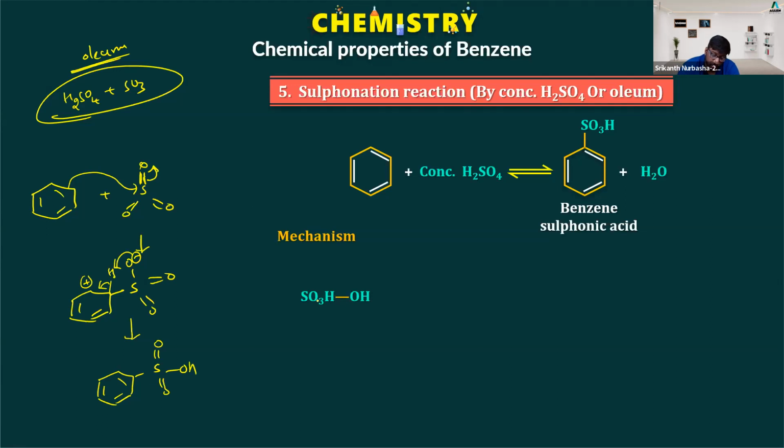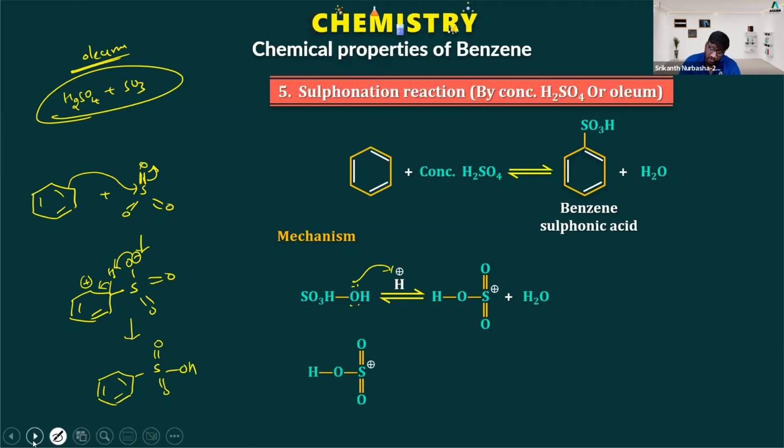So H2SO4 will be reacting in the presence of H plus, that is another molecule of H2SO4, to form OH, S double bond O plus H2O. That means the lone pair of electrons on oxygen attacks H plus. So we have SO3H and OH2 plus. As soon as this bond is cleaved, you get SO3H with a positive charge on sulfur.